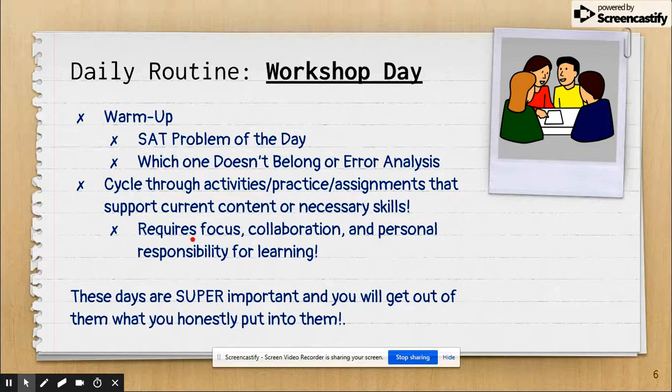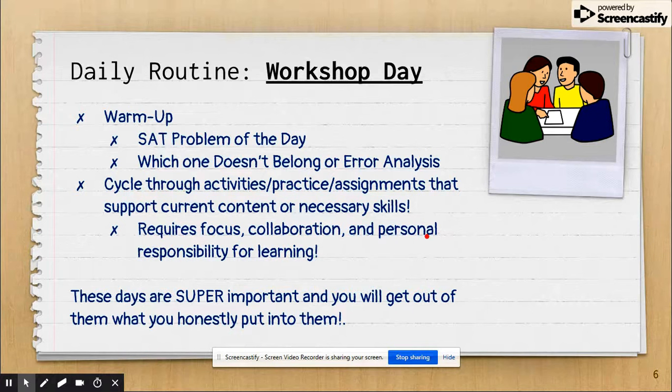So on these workshop days, you really need to be focused. It's going to require a lot of collaboration. And if you're not sure what collaboration is, that means you're going to be working with your groups to complete a task. So you work together to have a successful end goal or end product. And it's going to require a lot of personal responsibility for learning.